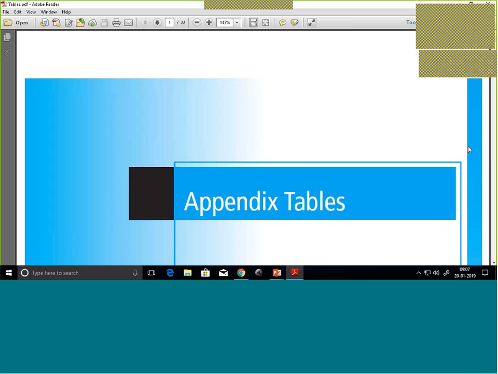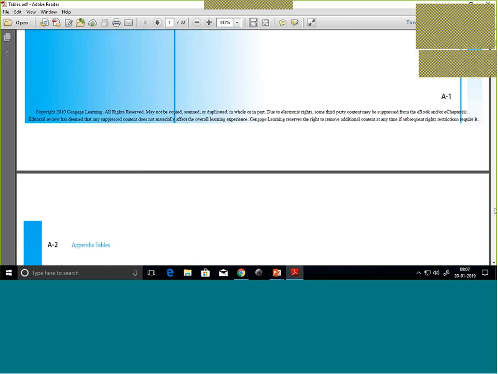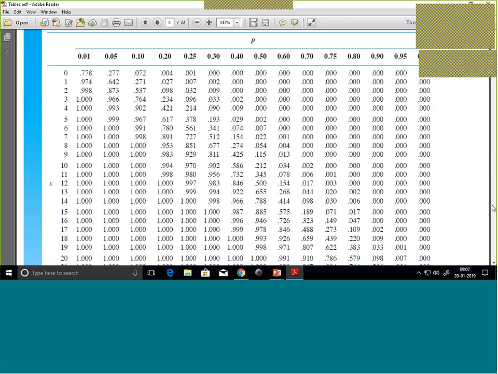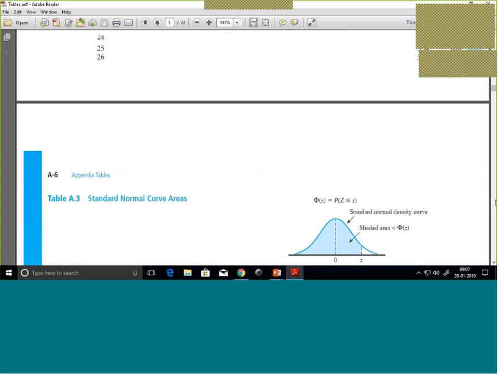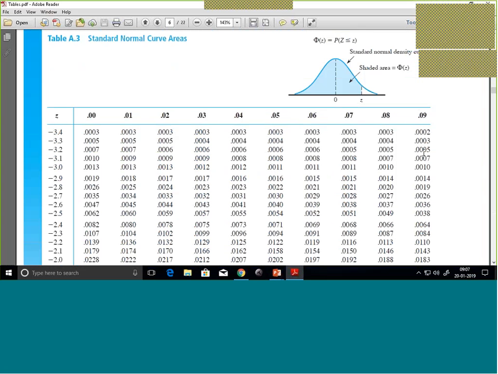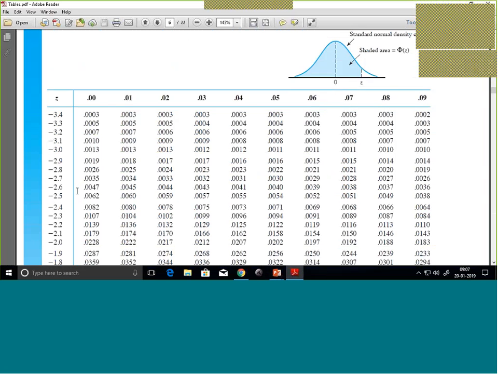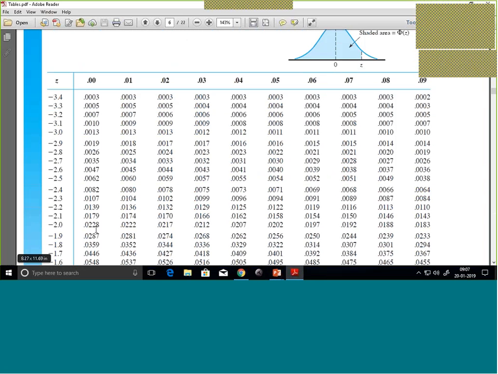So if you see the normal tables, we need minus 2. So, minus 2 seems to be how much? 0.0228.